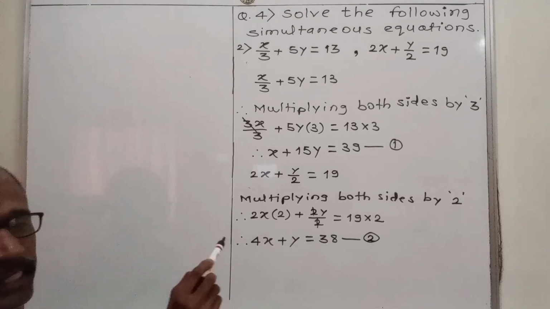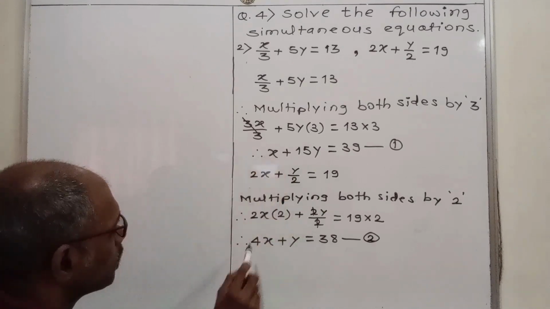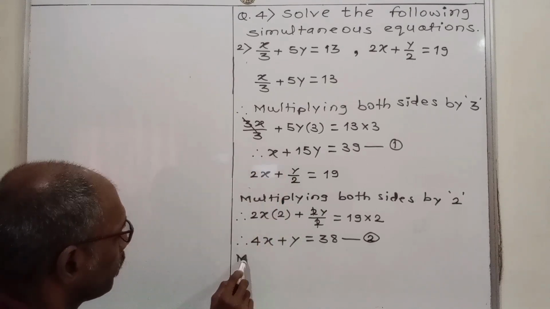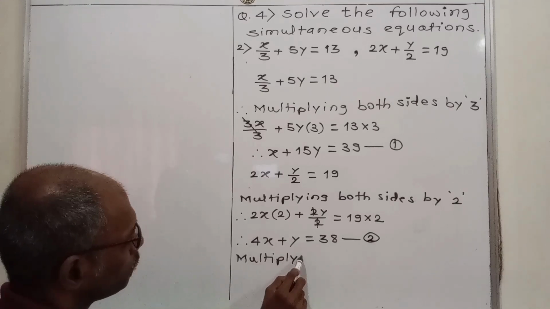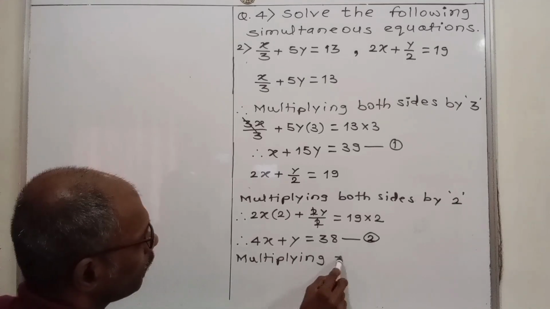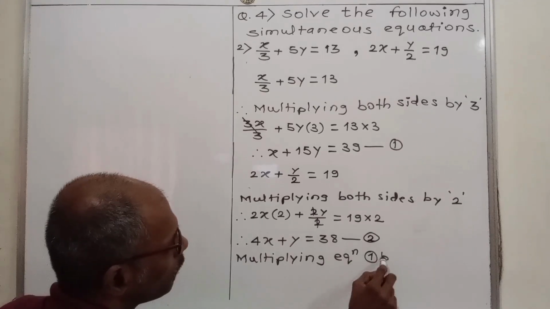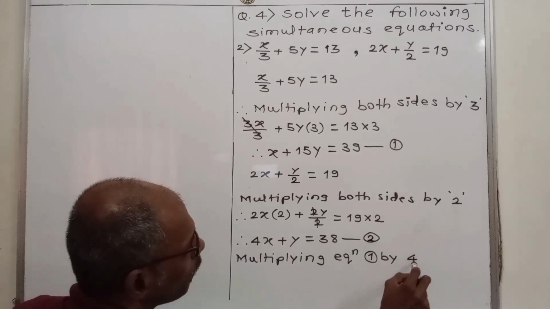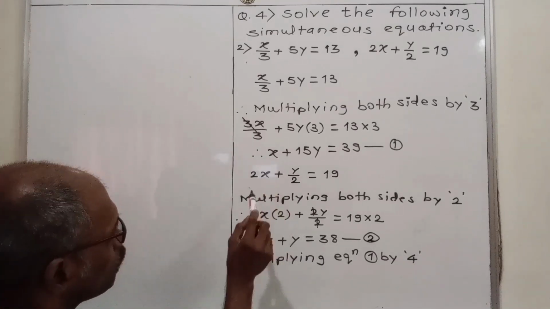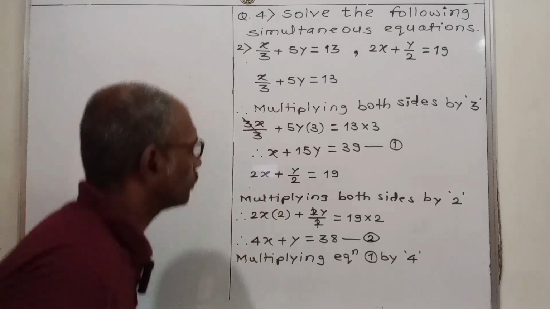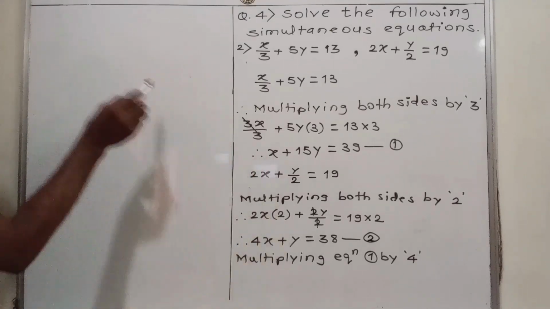Therefore, for elimination of x, multiplying equation 1 by 4. Okay. So we write here multiply. See this. Do this.